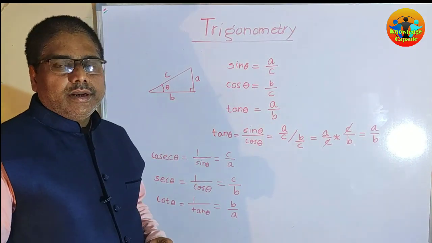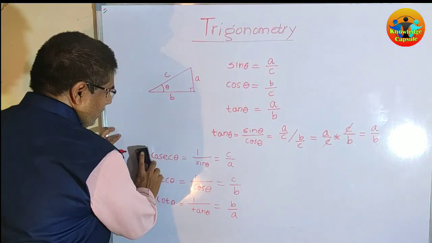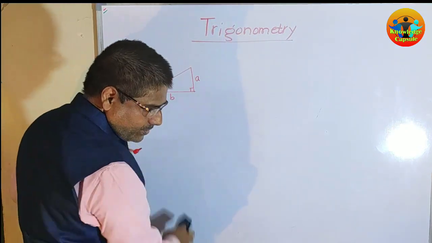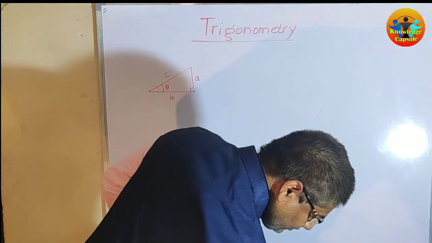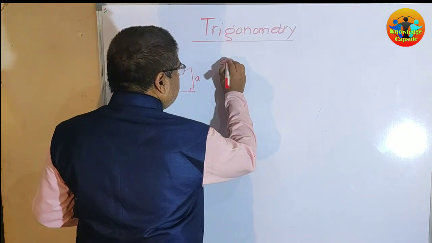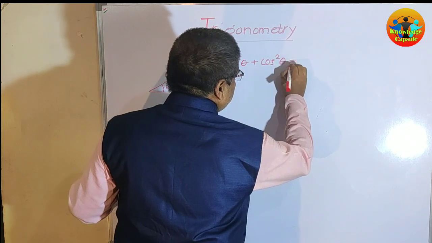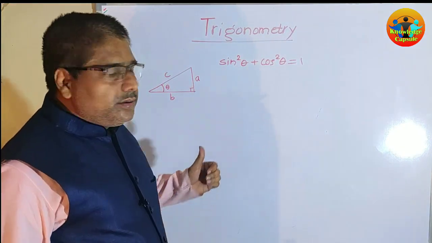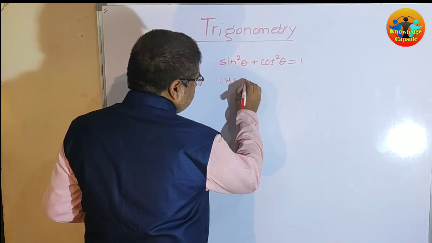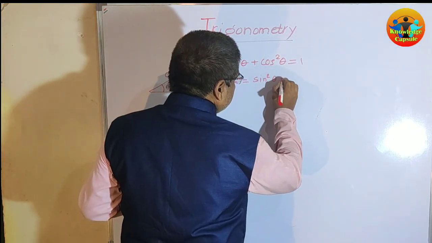Now let us find the relation between different ratios. The 3 basic relations are, first, sine square theta plus cos square theta is equal to 1. If you want to prove it, it is very simple. Let us take the left hand side of this equation. LHS is equal to sine square theta plus cos square theta.